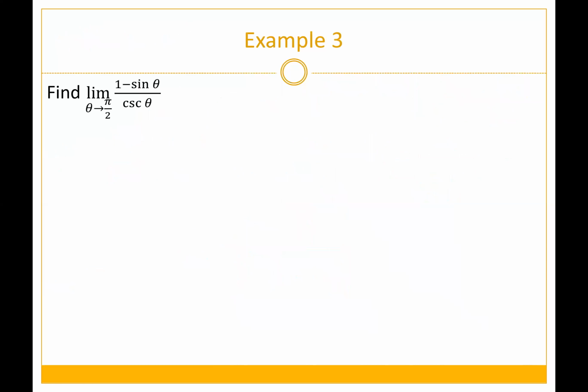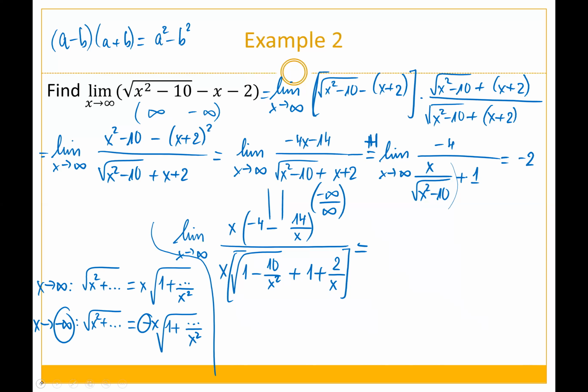By doing this, we can cancel out this x. So what we have left is the limit as x approaches infinity of negative 4 minus 14 over x, divided by the square root of 1 minus 10 over x squared plus 1 plus 2 over x. Because x is approaching infinity, this thing approaches 0, this thing approaches 0, and this thing also approaches 0.